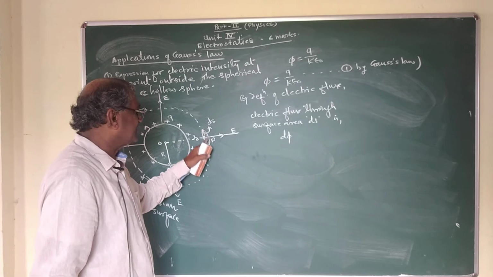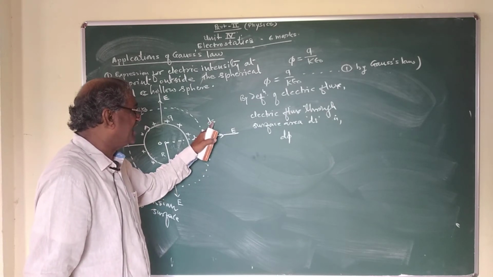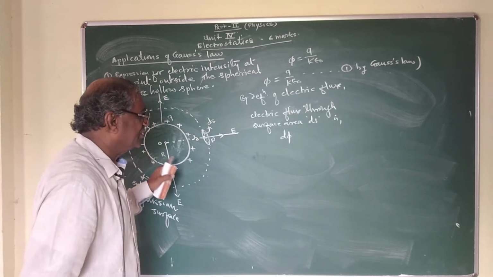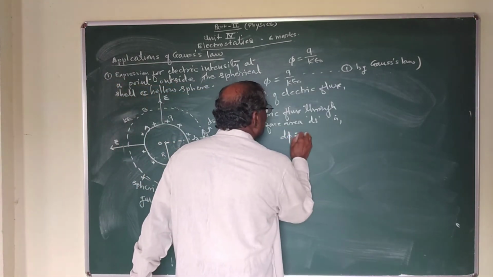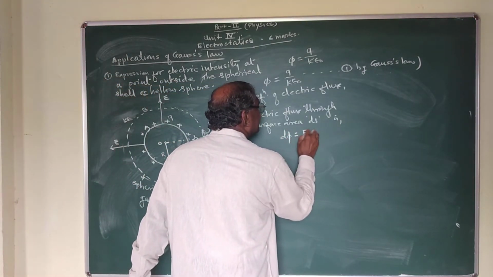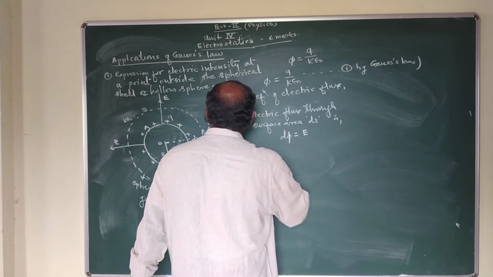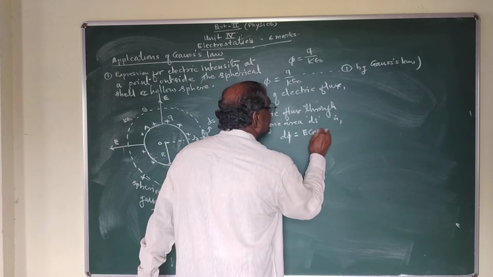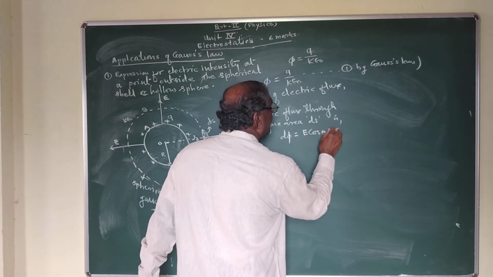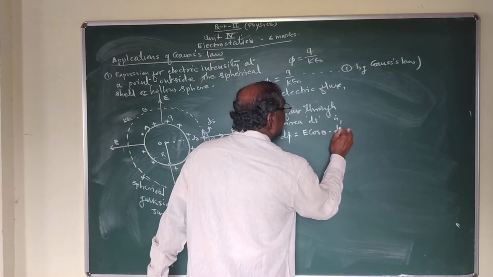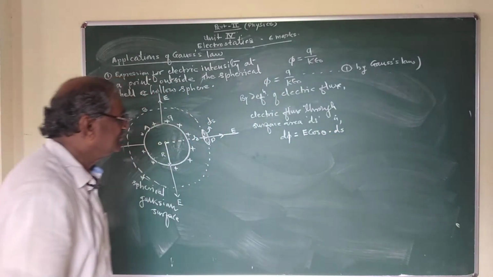The small electric flux produced over the surface area ds due to the charge q is given by the component of electric intensity normal to the surface area ds, that is E cos theta, into area ds.